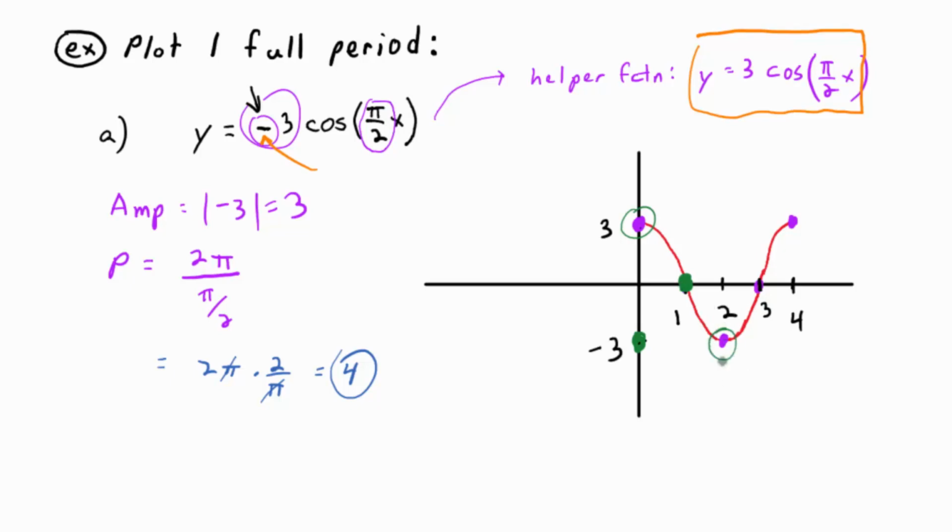This point right here reflects up to where? Well, it's at a height of negative 3, so it reflects up to a height of positive 3. This point on the x-axis stays put. This point right here is at a height of positive 3, so it gets reflected down here to a height of negative 3.